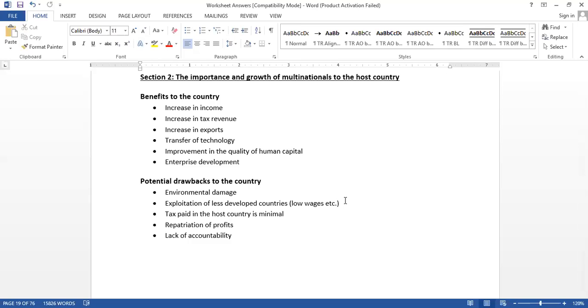Sometimes Indian people might get low wages, because for the sake of job opportunities they work for a small salary, and sometimes the tax paid in the host country is minimal. Most multinationals are accused of tax manipulation and transfer pricing.